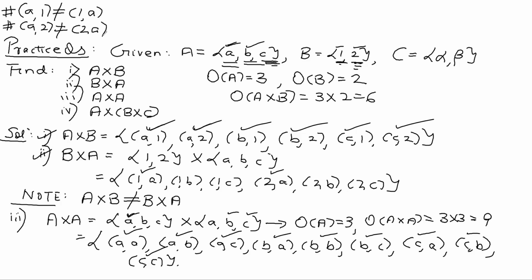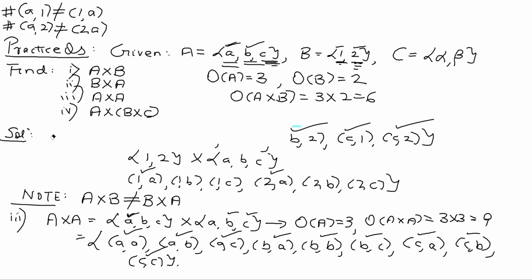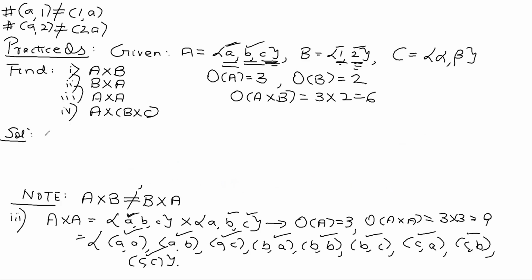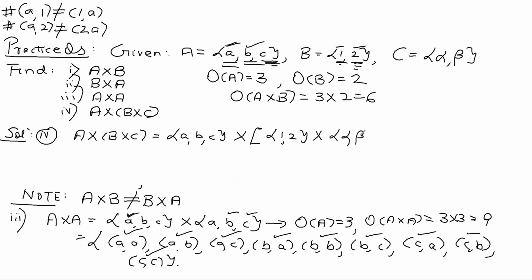Then we can also find the fourth part. We have calculated the first 3 parts. Let's find the fourth part, A cross B cross C. That means the set {a, b, c} with the set {1, 2} into the set {alpha, beta}.